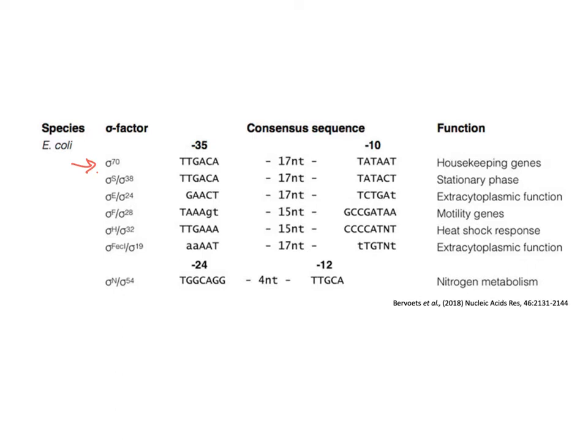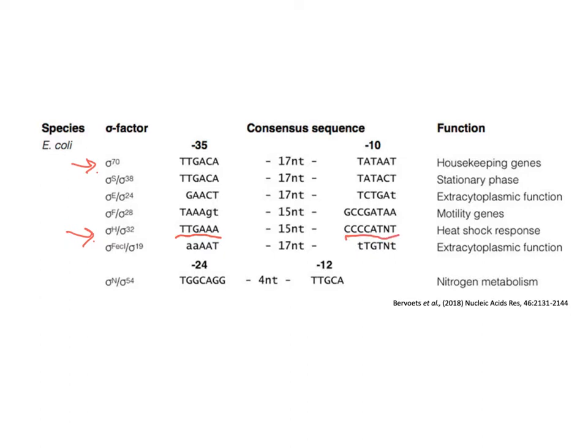This allows the cell to rapidly swap to expressing different types of genes which have promoters recognised by the different sigma factor. So for example, under heat shock, bacteria express the heat shock sigma factor, which is the one shown here. This sigma factor recognises promoter sequences like TTGAAA and CCCCATNT.